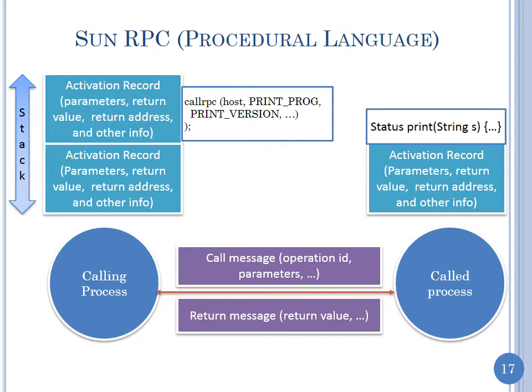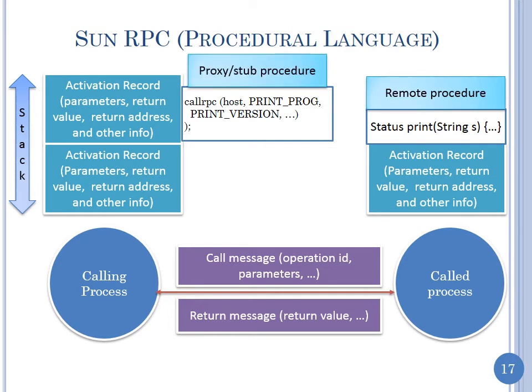And you can have in Sun RPC some method at the remote end that actually does the job, and so that's a remote procedure, and this we will call the proxy or stub procedure. Stub, because it doesn't really do the work. It's a forwarder.